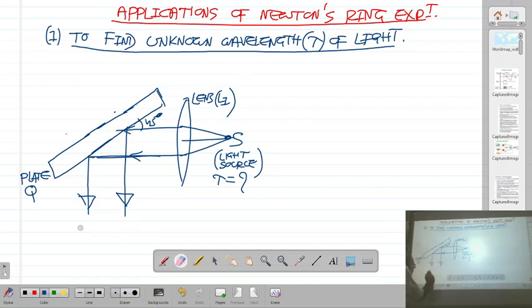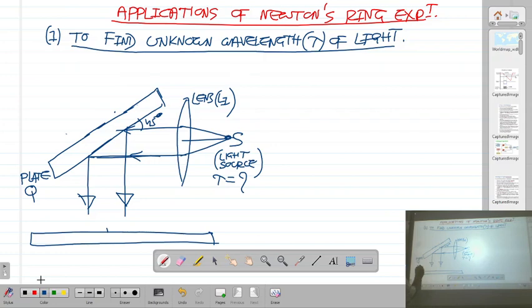Now here we have the lens and plate system. As you know, in Newton's ring experiment we have a plain glass plate and a plano-convex lens of large radius of curvature placed on it. So these rays are incident on the lens and plate system.